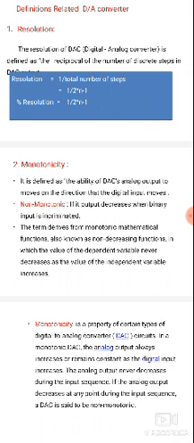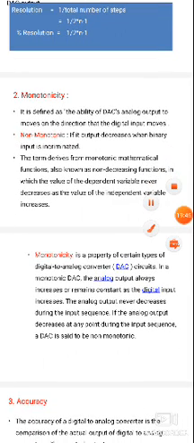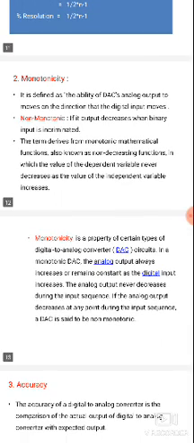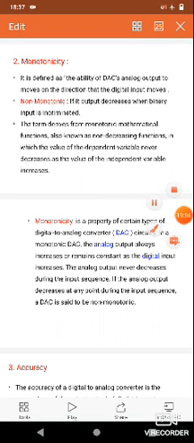Next, monotonicity. Mono means single. Monotonicity is defined as the ability of a digital to analog converter whose analog output moves in the direction of the digital input.